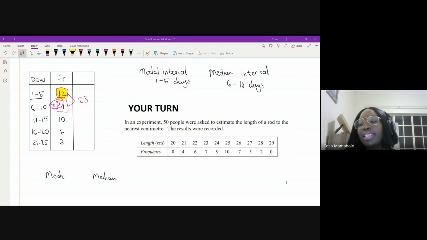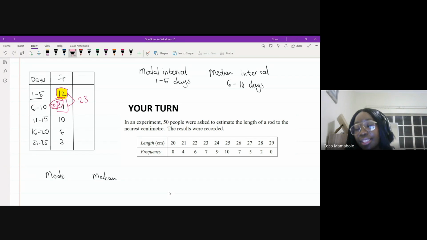All right. Okay, let's have a look at the answer that we've got here. Okay, so the question says, in an experiment, 50 people were asked to estimate the length of a rod to the nearest centimeter. The results were recorded. Now, what is the modal length? What is the modal length, guys? That is the highest frequency.